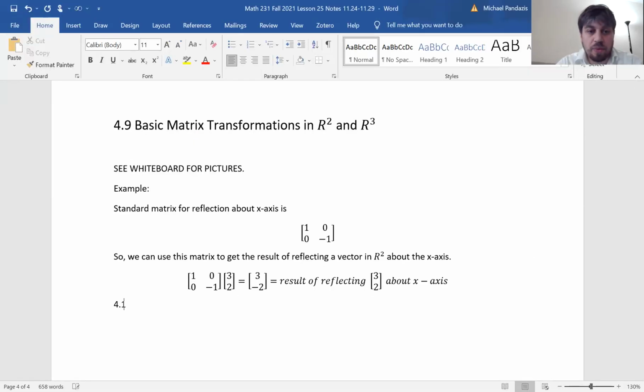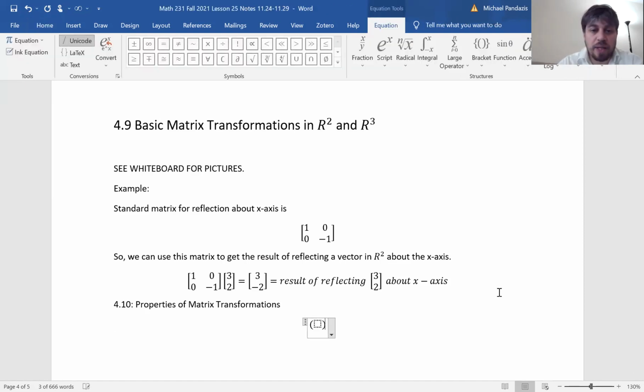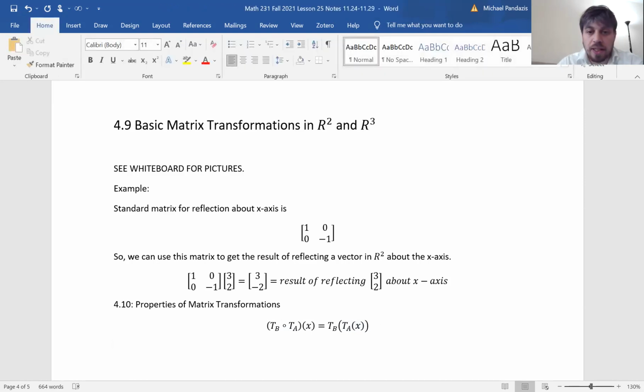The next one is 4.10, which is on properties of matrix transformations. If we have T sub B composed with T sub A of X, it's equal to T sub B of T sub A of X. This is equation 1 in this section.